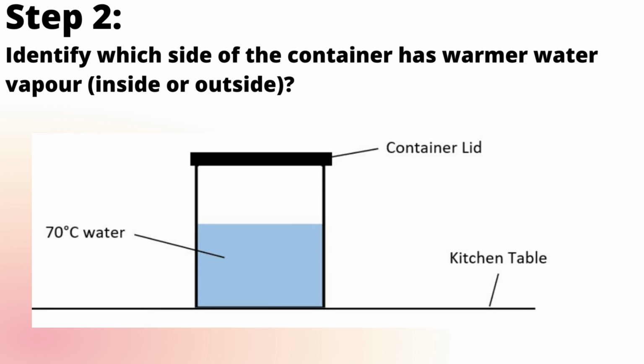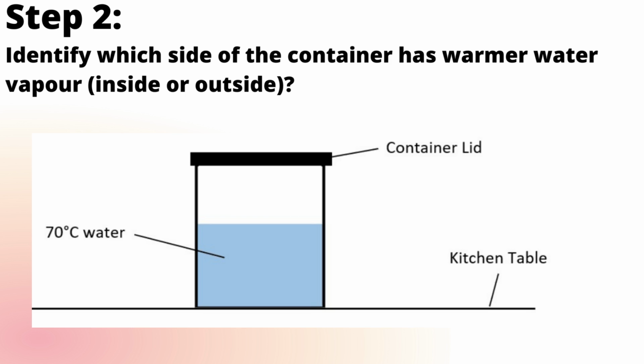Now, with regards to this question, looking at the setup, we know that the water is at 70 degrees Celsius. That's quite warm, and typically much warmer than our normal room temperature. Our normal room temperature in the Singapore context is about 20 or 25 degrees.